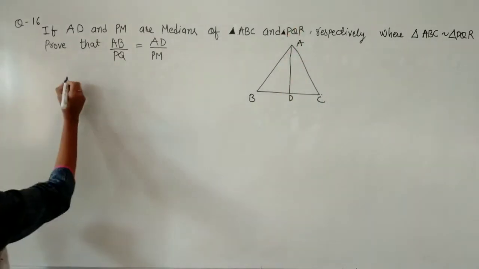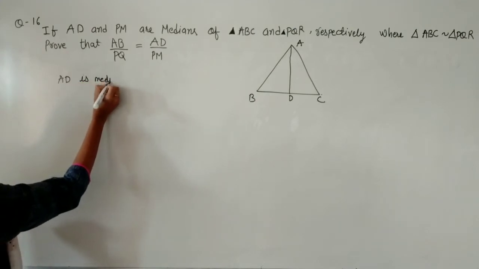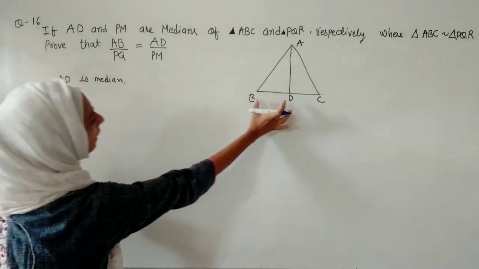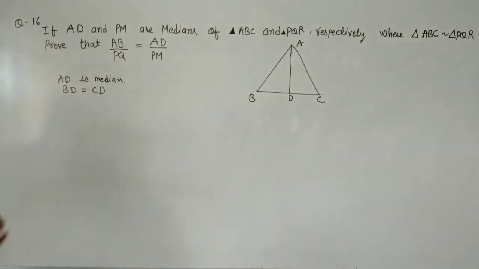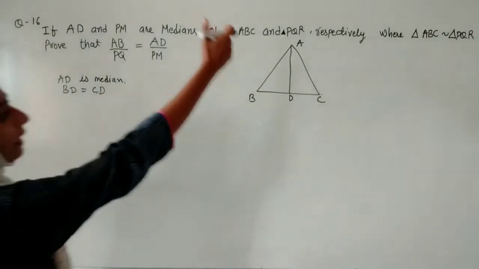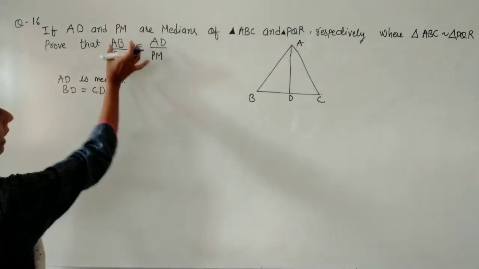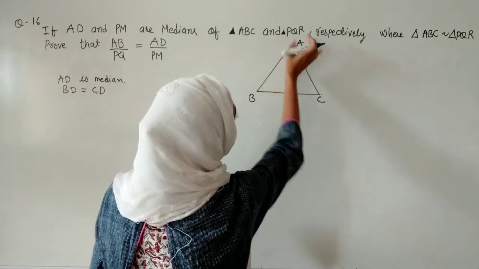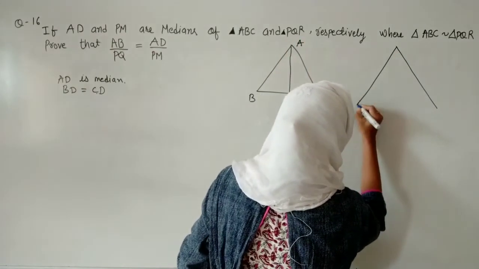If AD is a median, we can write that BD is equal to CD, because AD is a median. Now I am reading the question again. They have given another triangle, triangle PQR.